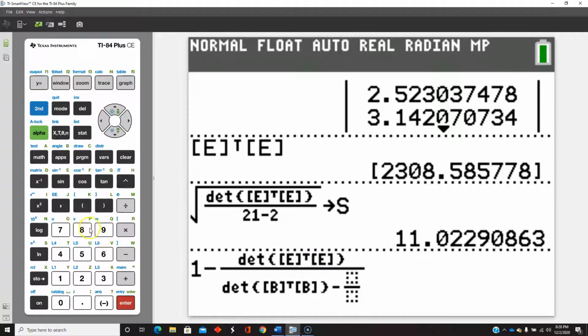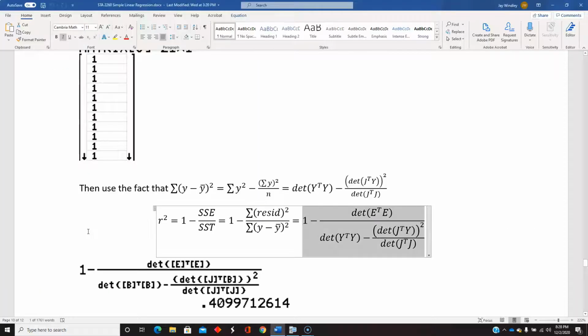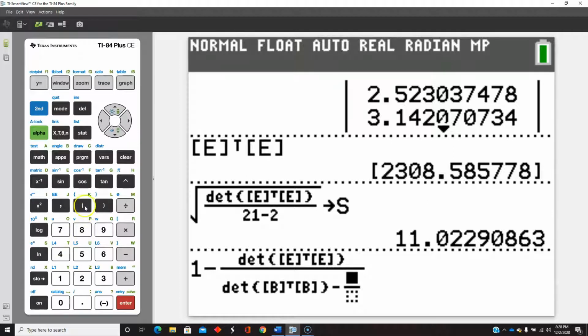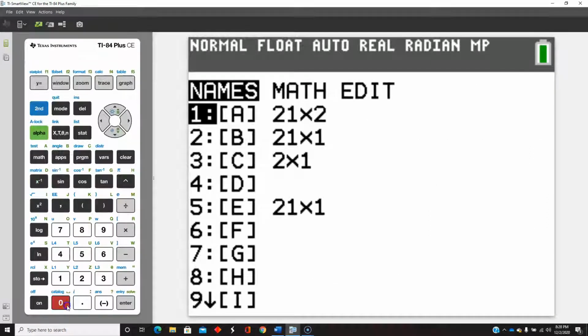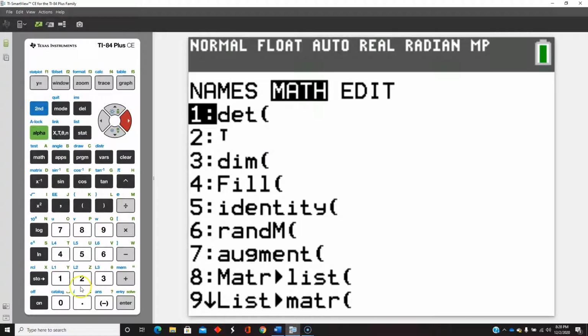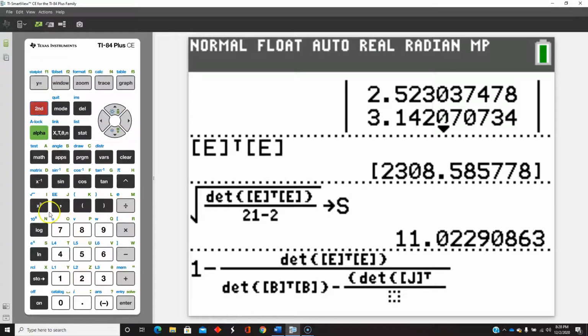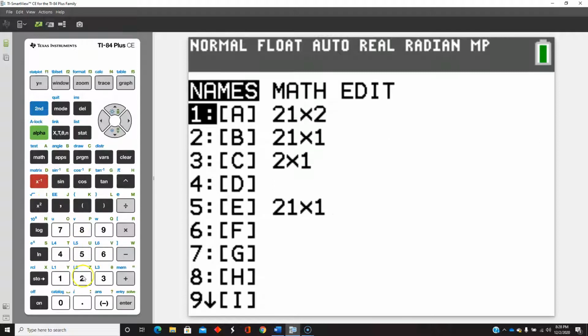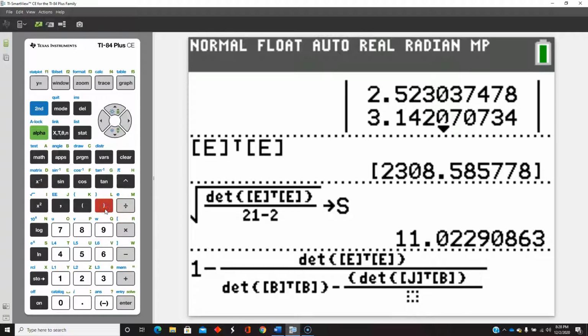So this is going to be not B transpose B, but J transpose B. And in parentheses, the determinant of J transpose B. So that's the determinant, and then whatever that answer is, we are squaring.